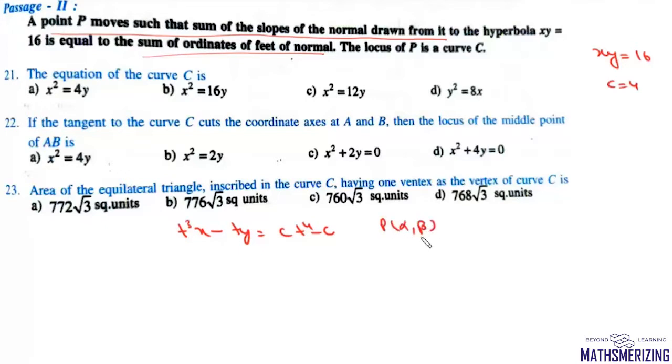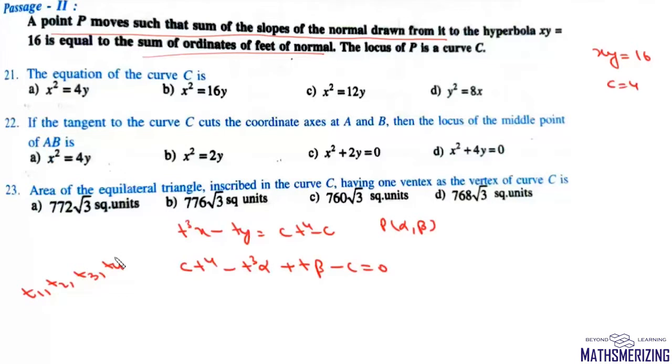Now we can write this as a biquadratic equation in t. So this equation will be c t to the power 4 minus t cube alpha plus t beta minus c equals 0. Now this equation will have 4 real roots, say t1, t2, t3 and t4.